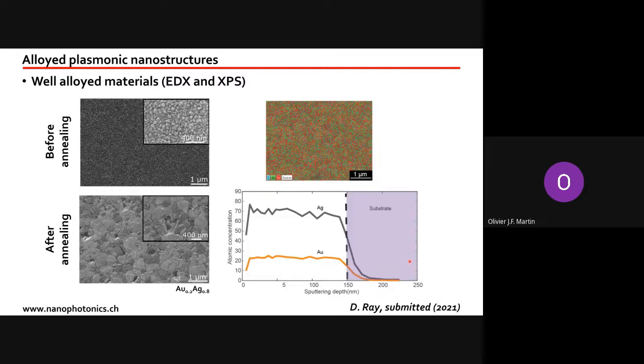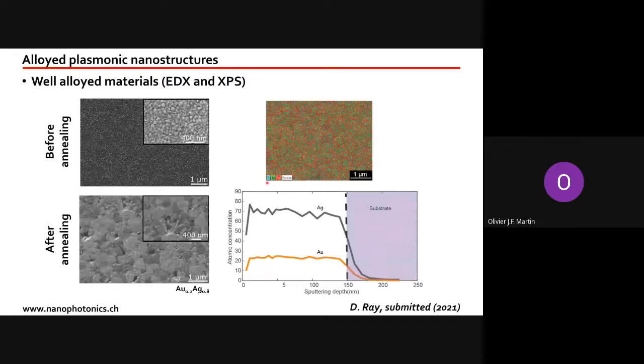We can look at the structure. Obviously, something is happening. We see that the roughness changes. Our main concern was, is this really an alloy? Have we really mixed the two materials? If we do EDX analysis, we see that indeed we have everywhere on our sample a mixture of gold and silver.